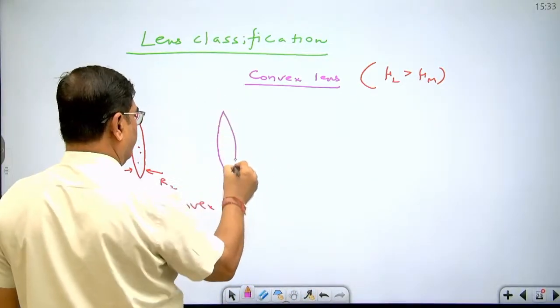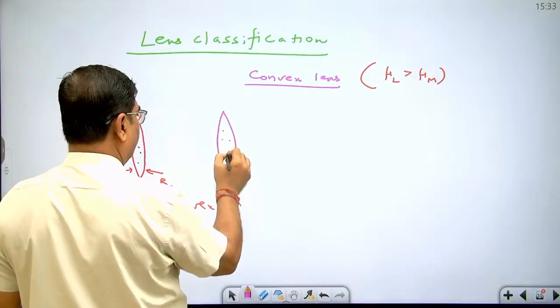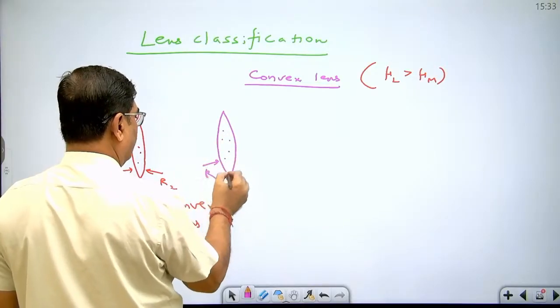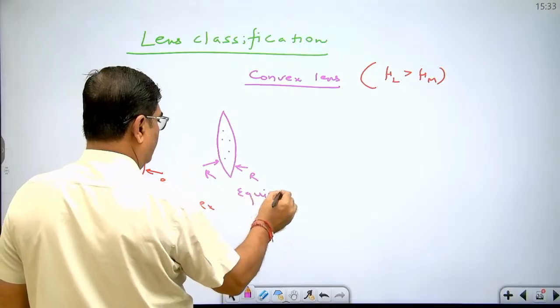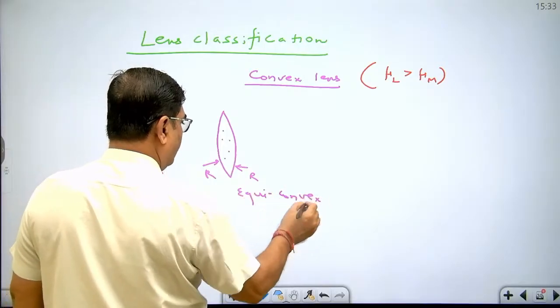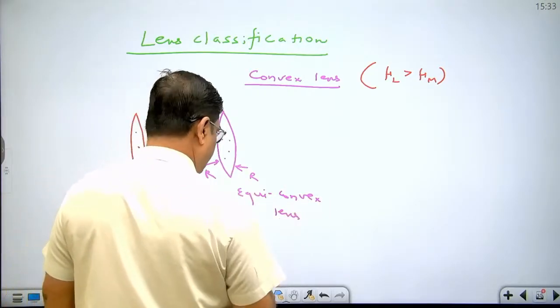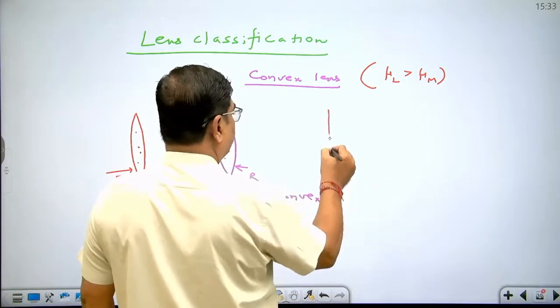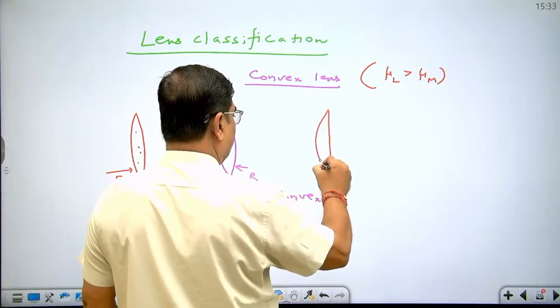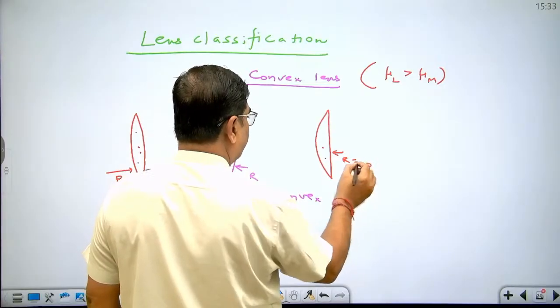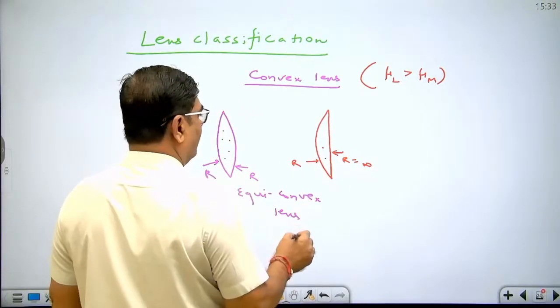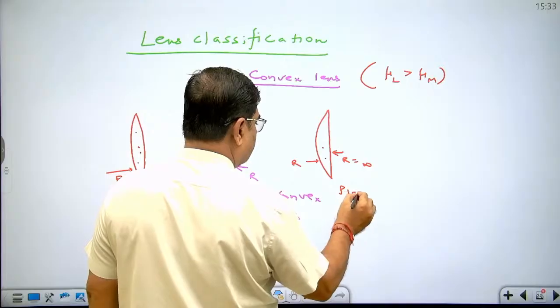When the radius of curvature becomes the same, this is called an equiconvex lens. When one surface becomes plane, meaning radius of curvature infinity, and one is curved, this is called a plano-convex lens.